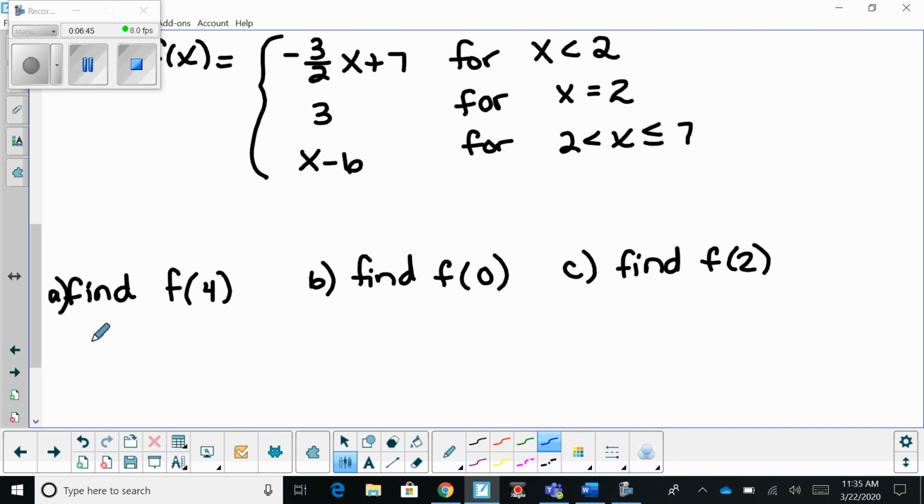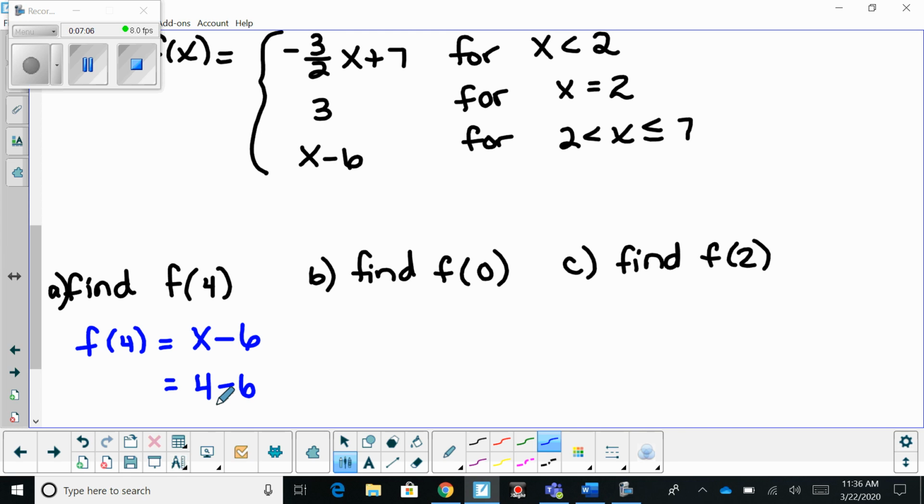So if they ask me to find f of 4, does 4 fall into the top, the middle, or the bottom? Well, 4 falls in between 2 and 7. So I'm using the piece of the function x minus 6. I'm plugging in my 4. 4 minus 6 is -2. So f of 4 is equal to -2.